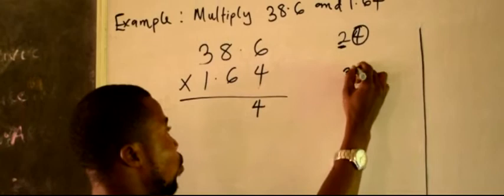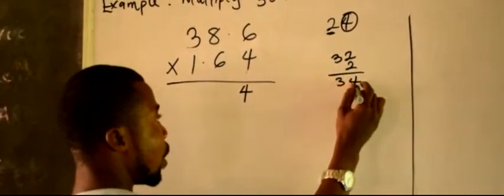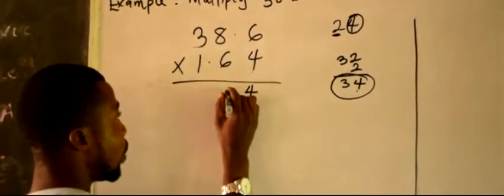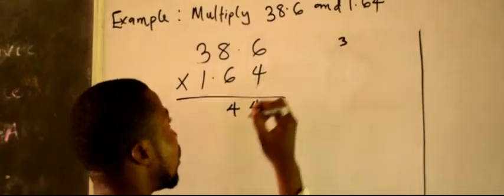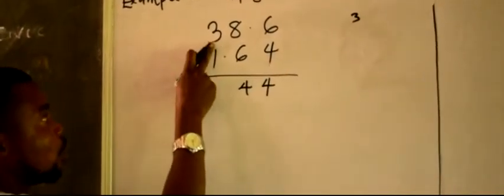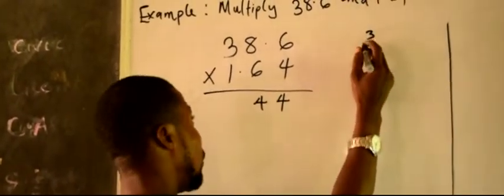Add our 2 to 32, that is 34. You write 4, which is your unit number, and keep 3. So 4 times 3 is 12. 12 plus 3 is 15. You write 15.